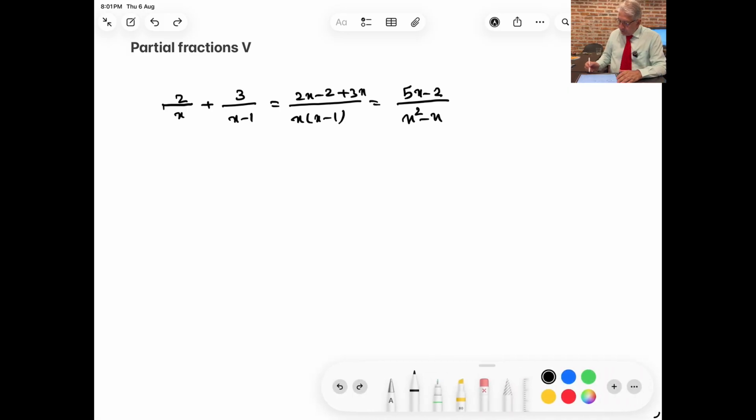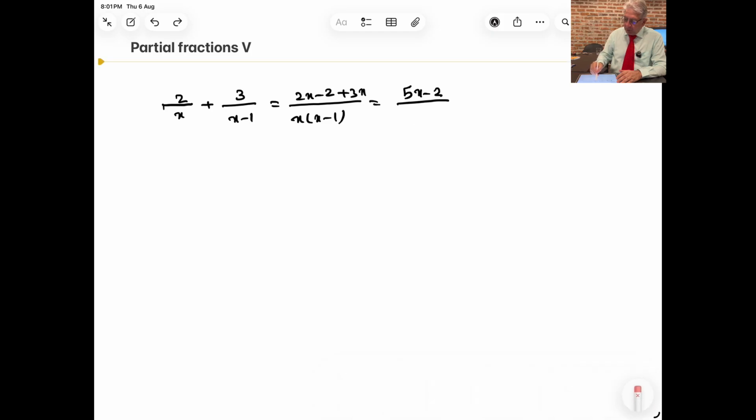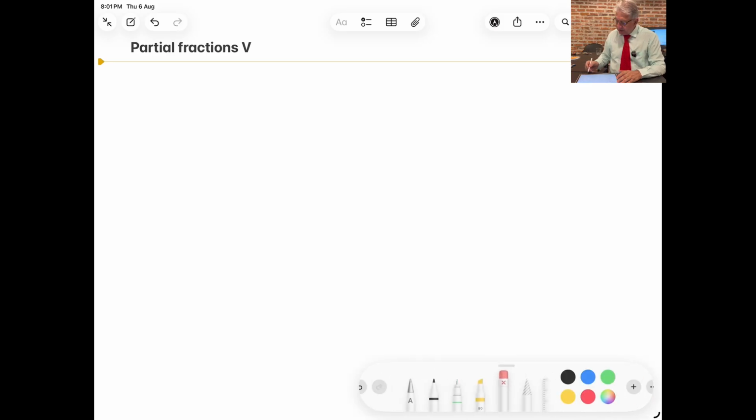Now, I'm going to erase this from my board so that my board is clear, then I can do the partial fraction. There are 3 different cases in partial fraction.